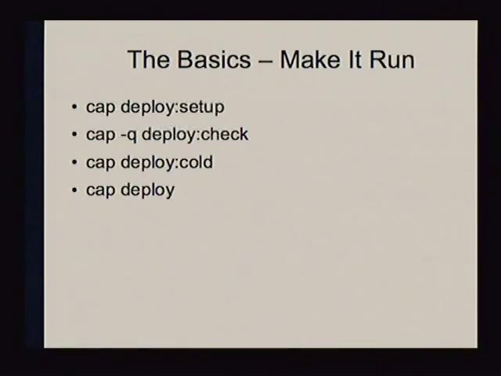Once that's done and been successful, in the future, you'll just do cap deploy, which is going to check your app out of Subversion into a directory while your web server's still flying along serving pages. And then it's going to take your Mongrel or FastCGI processes and shut all the old ones down and start the new ones up, giving you a nice clean transition point that's as short as it can reasonably be between when your app is live on the old code and live on the new code.